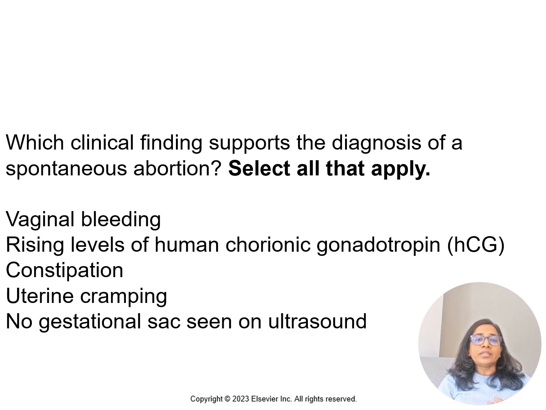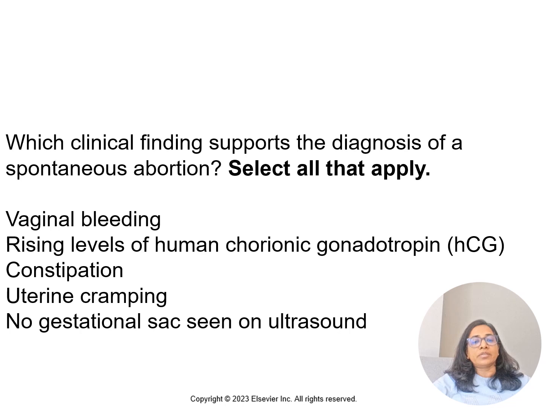What clinical findings usually support the diagnosis of a spontaneous abortion? Let's look at all the symptoms. Vaginal bleeding for sure. Rising levels of HCG, human chorionic gonadotropin? It only increases during pregnancy, so if a miscarriage is happening, this level does not rise.